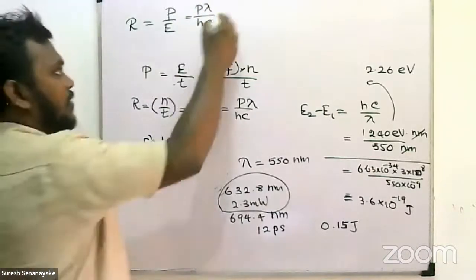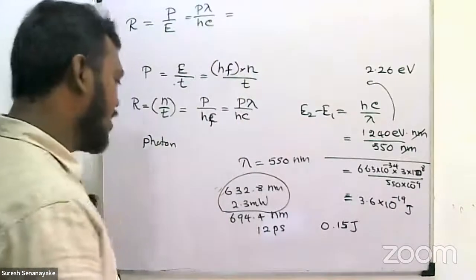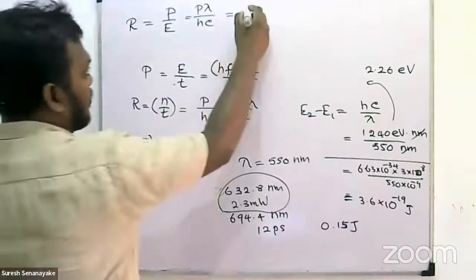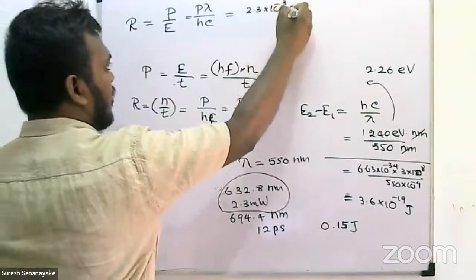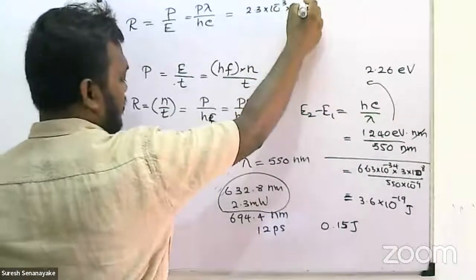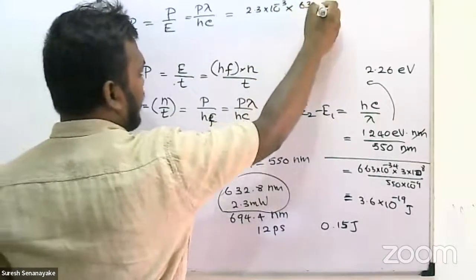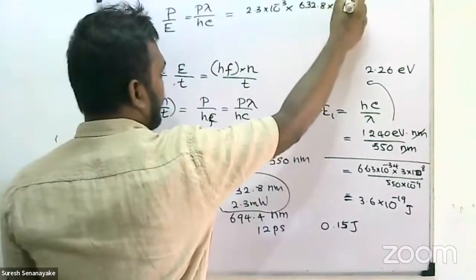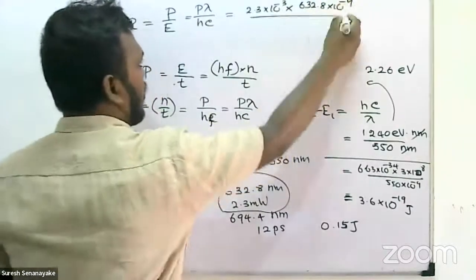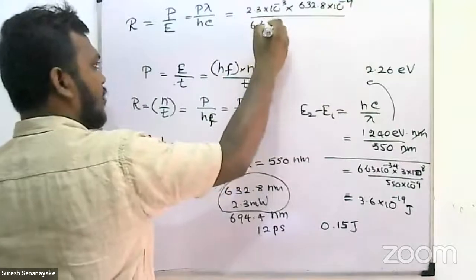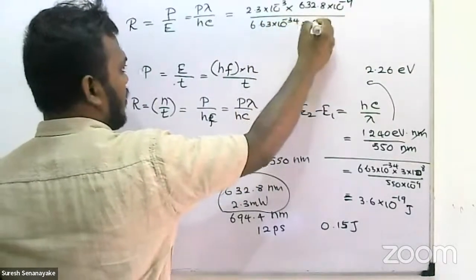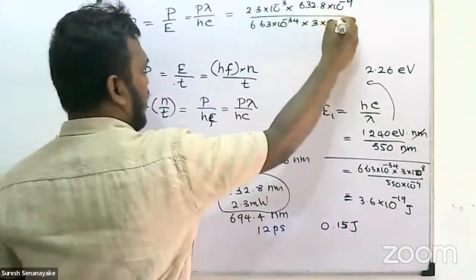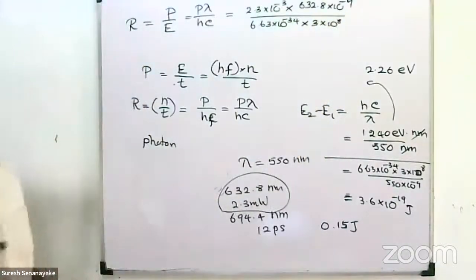The power is given as 2.3 milliwatts. Lambda is given as 632.8 nanometers. h is 6.63 × 10^-34 joule-seconds. c is 3 × 10^8 meters per second.